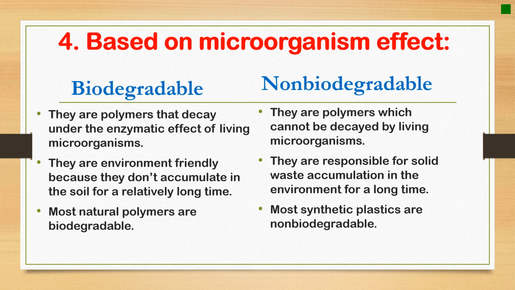But this also has an inconvenience, because those polymers that are used to make some materials, like banana fibers that are used to make handbags or other items, don't last for a long time because they easily get spoiled by decaying or by biodegrading.